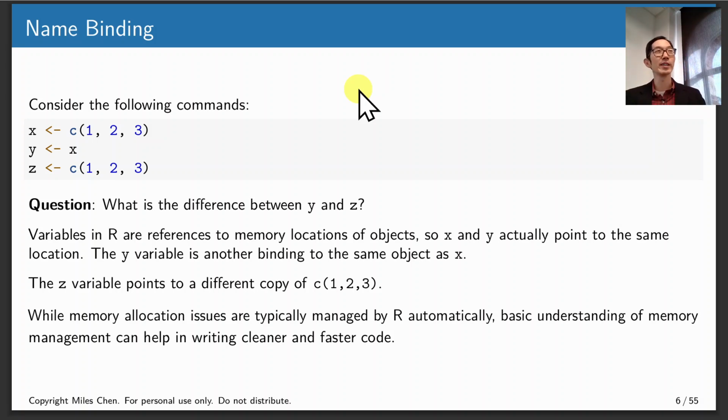You define these buckets that can store values, and then when you're done using that bucket, you have to get rid of it, otherwise they persist. Whereas in R and also Python, there are garbage collectors that get rid of these things and clean things up for you. So you don't have to worry about it. But if you have a little understanding of some basic memory management, that can help in writing cleaner and faster code.